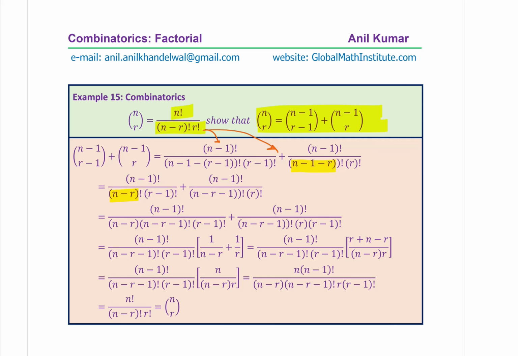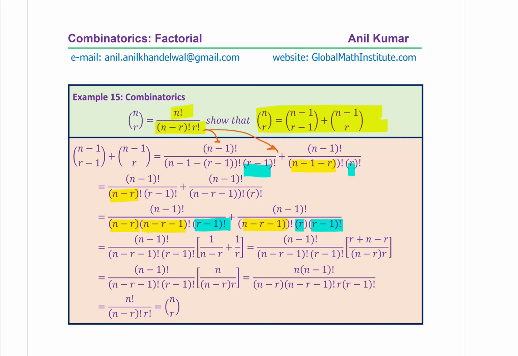So I could expand this and write this as n minus r times n minus r minus 1, and that becomes common with n minus r minus 1. That is one part of it. The other part is we can observe that we have r minus 1 factorial and r factorial. That means I can change r factorial to r times r minus 1 factorial, making r minus 1 factorial common.